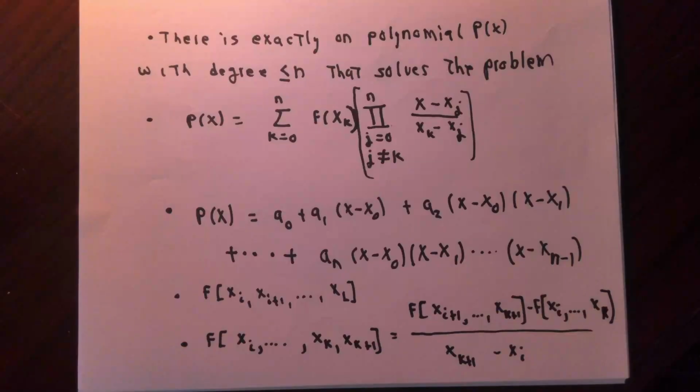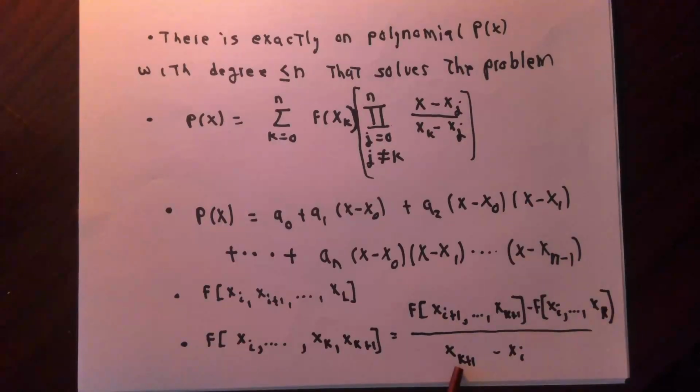It turns out, through a long argument, that the lead coefficient of the polynomial that interpolates at xi all the way out through xk plus 1 is the divided difference based on the larger indexes minus the divided difference based on the smaller indexes, divided by one of the x numbers minus another of the x numbers.